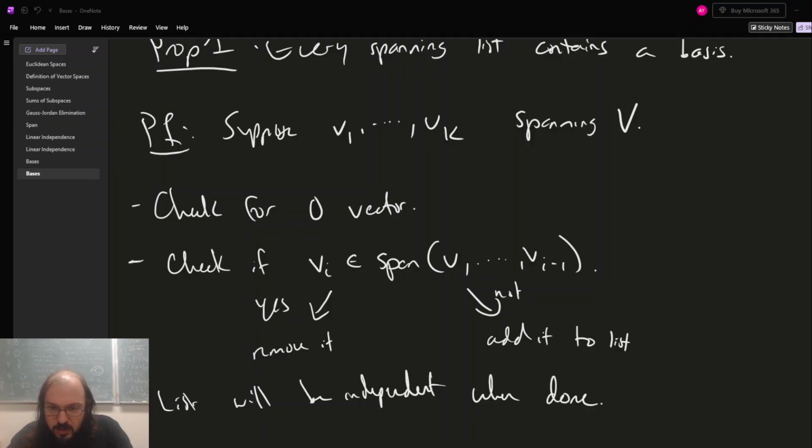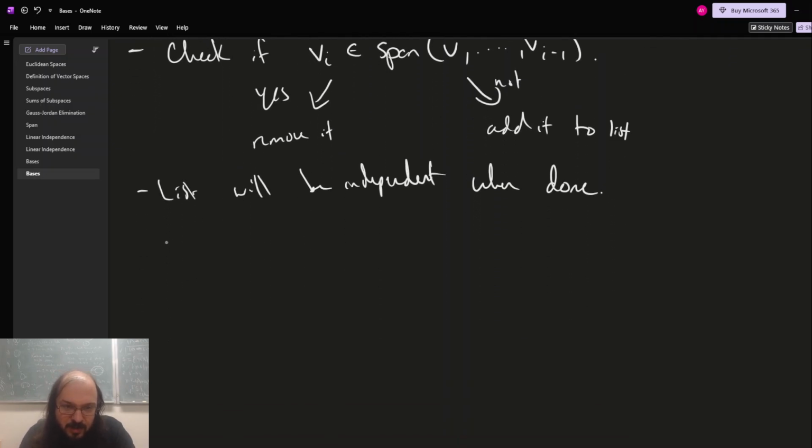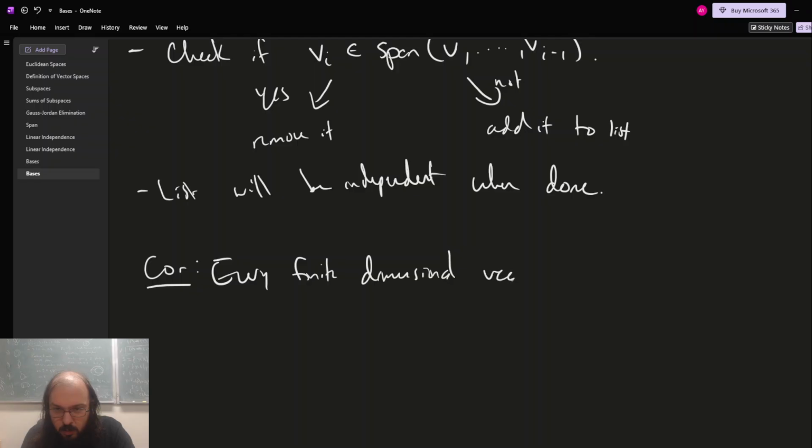Okay, this gives us the most important fact that I hinted at last time. Every finite dimensional vector space has a basis.